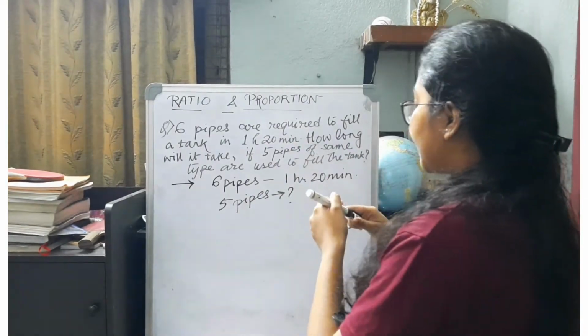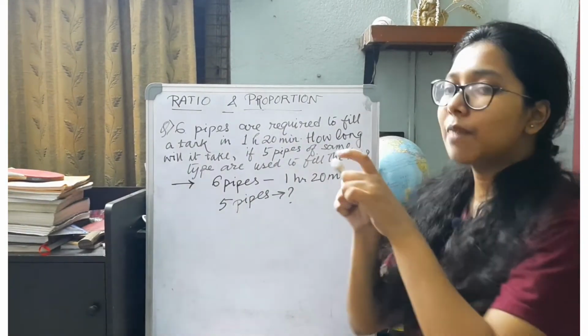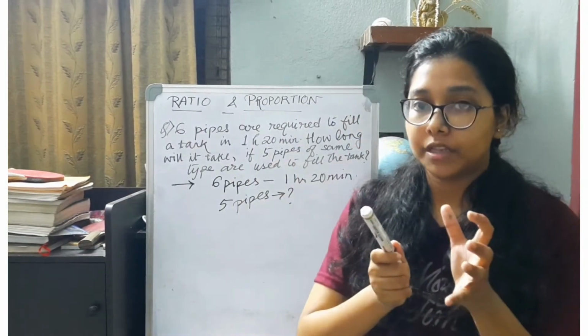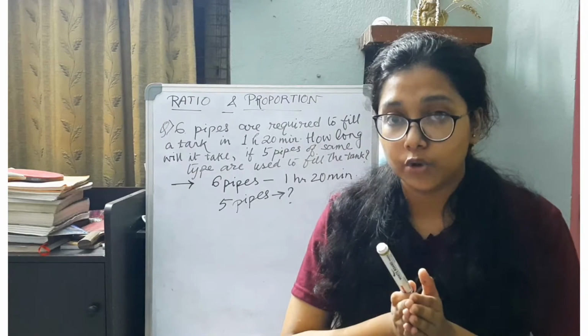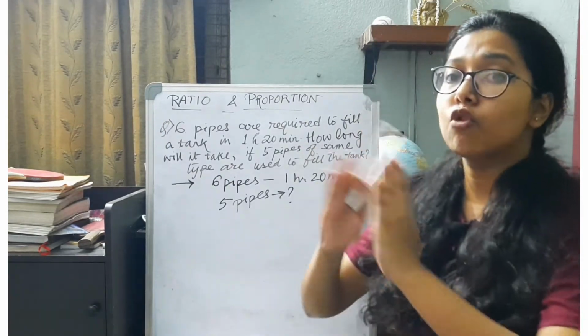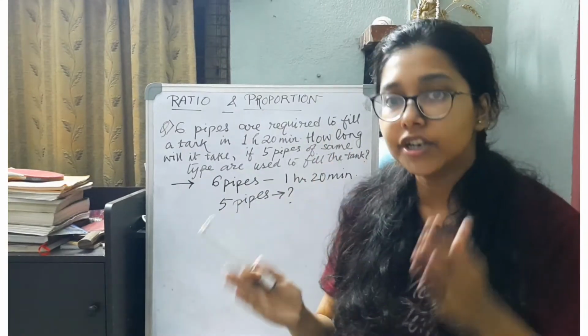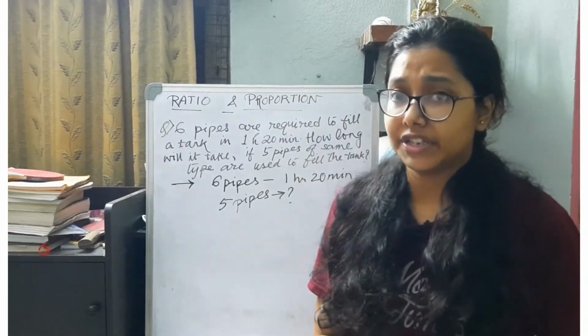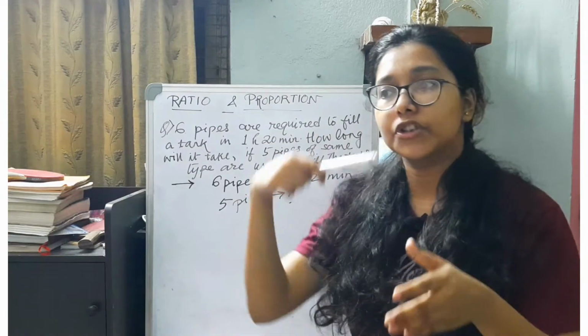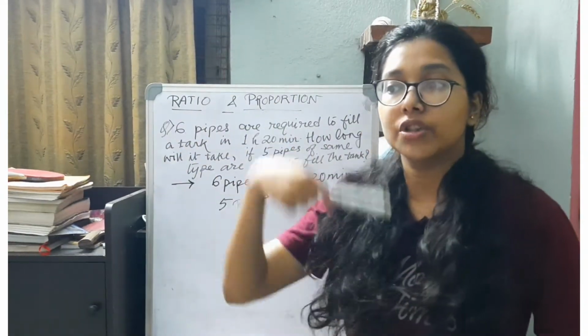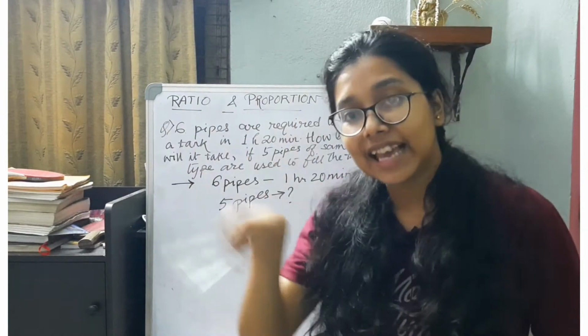Now we have to understand one thing, that 6 pipes are taking 1 hour 20 minutes. So 5 pipes means the number of pipes is reduced, which implies it will take more time because the amount of water required to fill the tank is constant. That means 6 pipes was doing something, so now with 5 pipes the amount has decreased. So they need more time to fill the same volume of water.